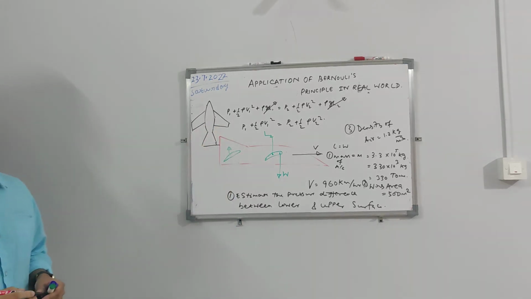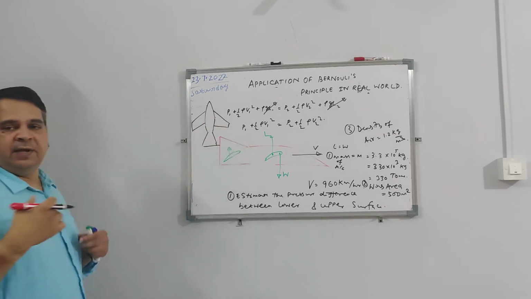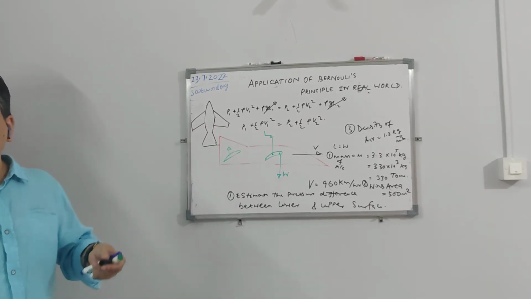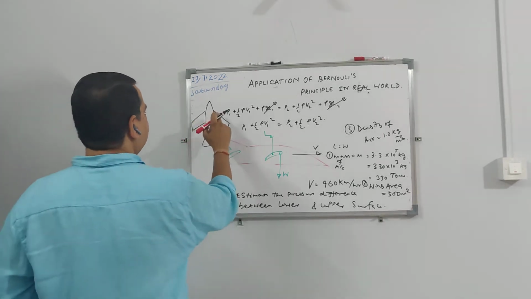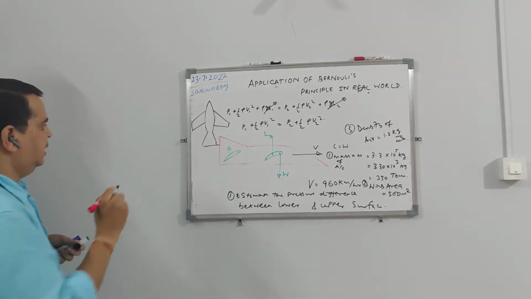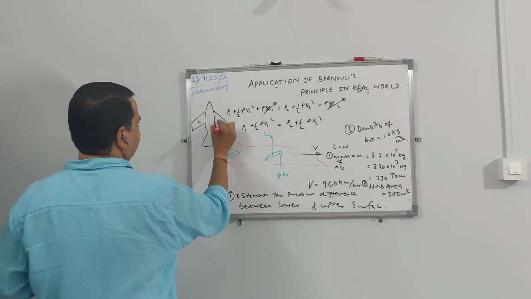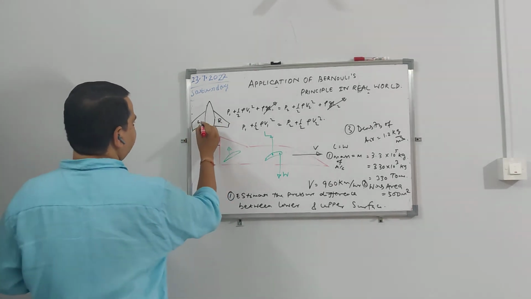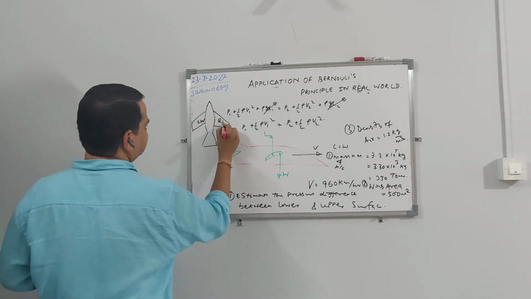This is the wing. So the pressure difference is happening between the upper and lower surface of the wing. These are the two surfaces of the wing. Let us say this is the left side, this is the right side. So this is called the left wing, and this is called the right wing.